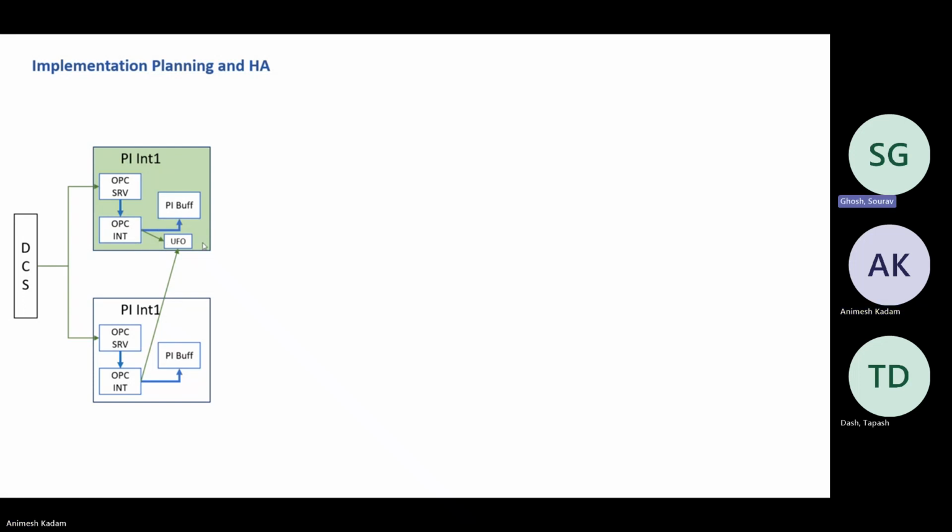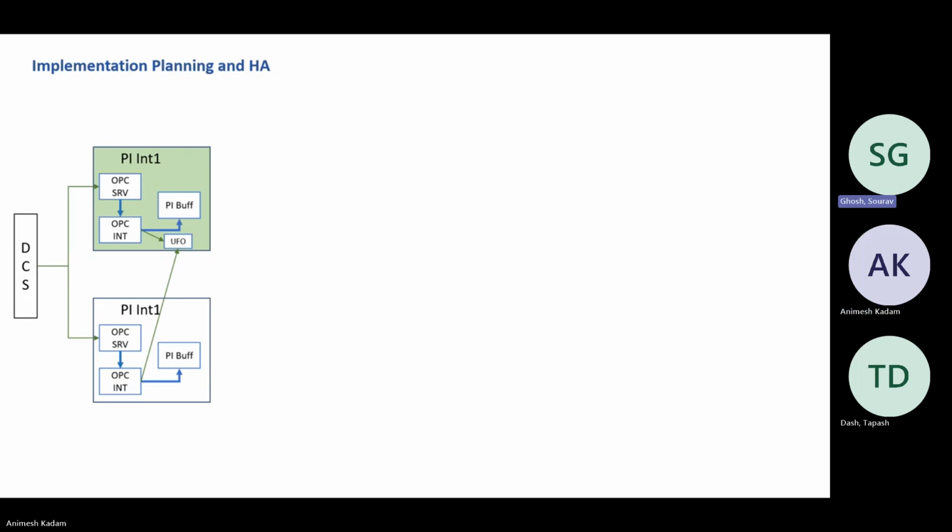Okay, got it. And these OPC servers, is it mandatory that both have to be identical? Can they not be different? What do you mean by different? What we generally do is create redundant OPCs, like OPC server 1 and OPC server 2.